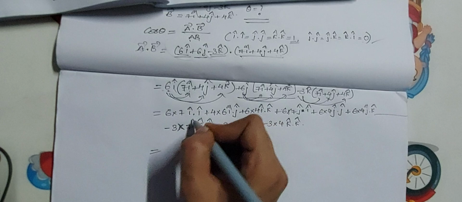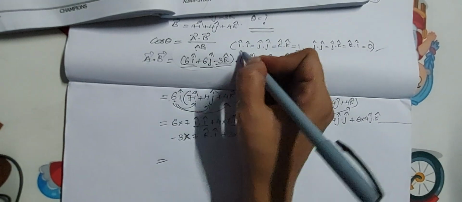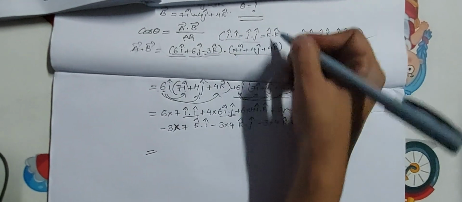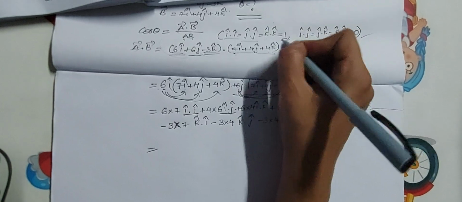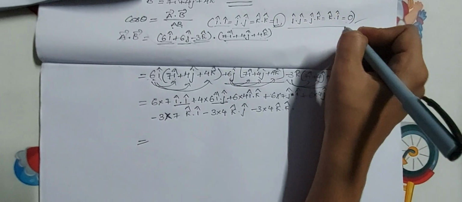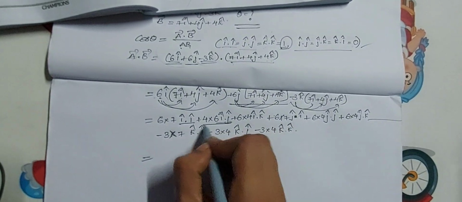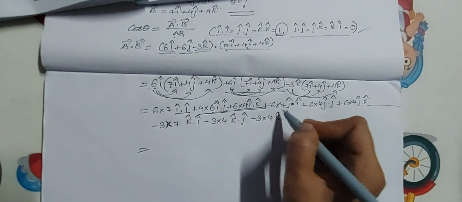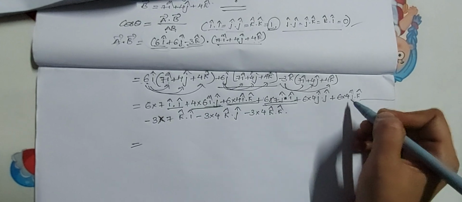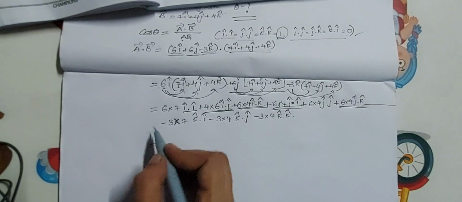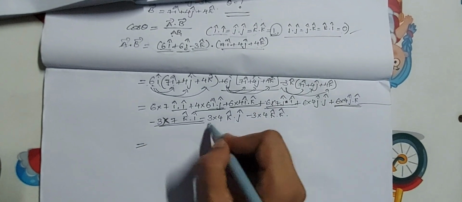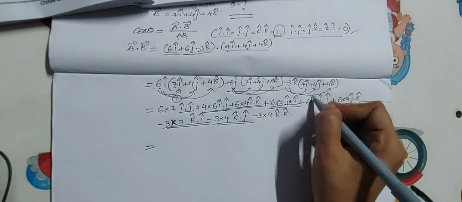So here what we have learned: before, I had written i cap dot i cap, j cap dot j cap, k cap dot k cap is equal to 1, and if it is other than this, then we have to consider it as 0. So this one is considered 0, this is 0, this is 0, this is 0, and this one also, and this one is also 0. What is left? 1, 2 and 3.